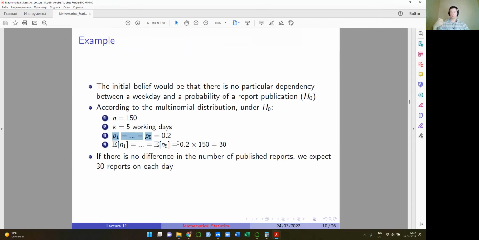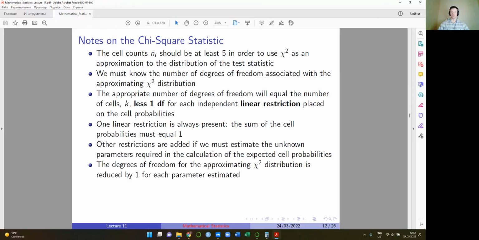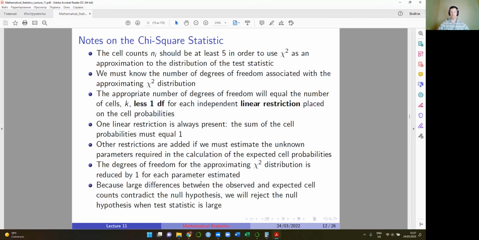But if, for some reason, we want to calculate these probabilities, we need to first estimate something else, then for every estimated parameter, we reduce the number of degrees of freedom by 1. And we will see an example of how this works. So the degrees of freedom is reduced by 1 for each parameter estimated, if you estimate something else.